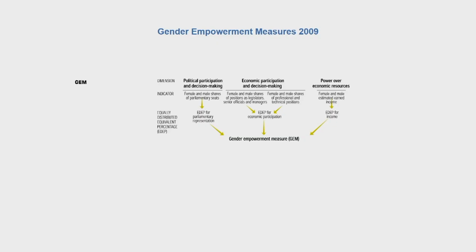Now, this was the first time that gender empowerment was being measured, and of course there are various criticisms of this measure. Political scientists and other social scientists go a long way, and rightly so, in criticizing that gender empowerment cannot be so easily measured based upon a few indicators.